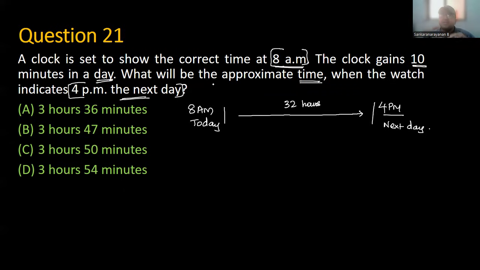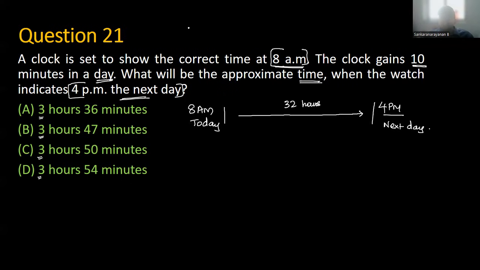So the answer has to be less than 4 p.m. the next day. That's why in all options you can see it is 3 hours, 3 hours, like that, because the clock is getting accelerated as time progresses. So when the clock has run 32 hours, it does not mean that actual 32 hours has got over. It will be less than 32 hours.